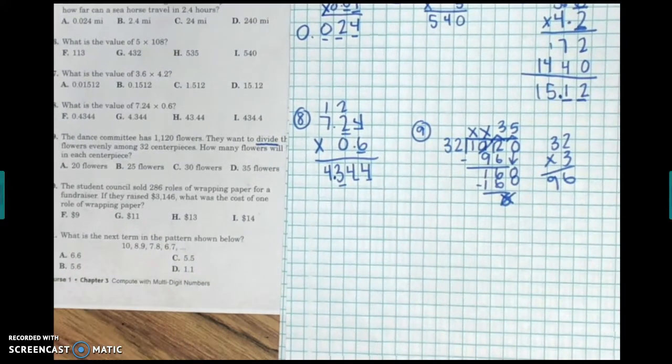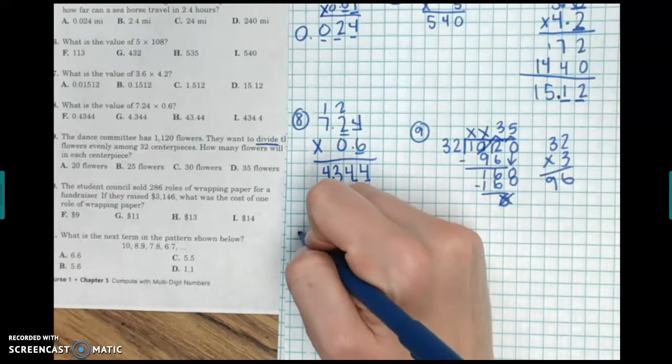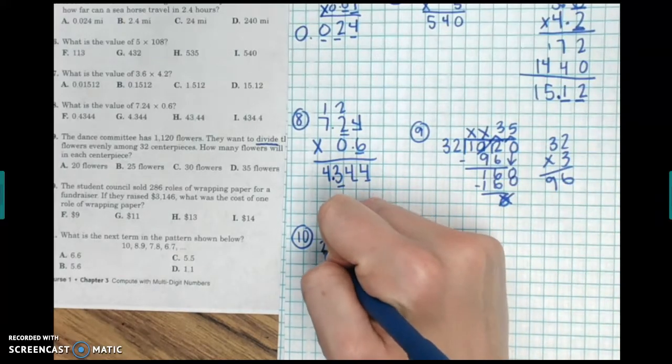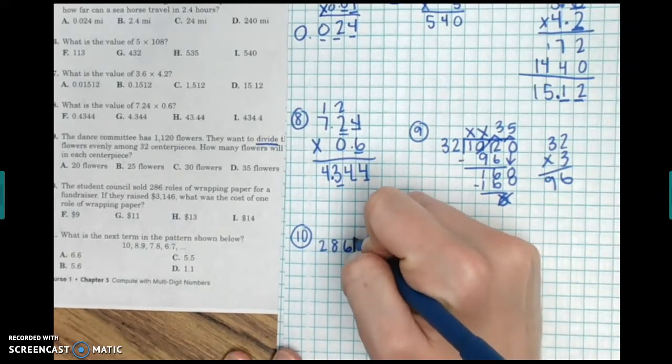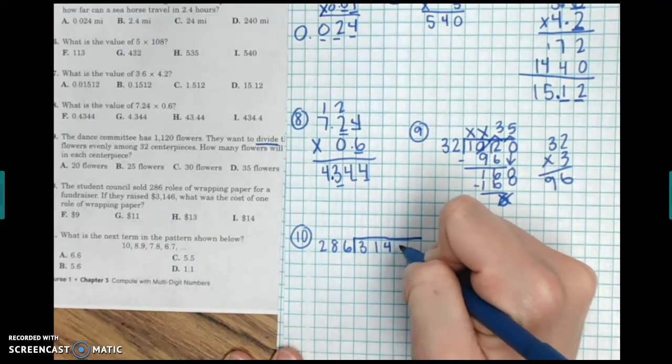The student council sold 286 rolls of wrapping paper for a fundraiser. If they raised $3,146, what's the cost of 1 roll of wrapping paper? So what are we going to do here? Divide. Our outside number is going to be 286. Our inside number is going to be 3,146.